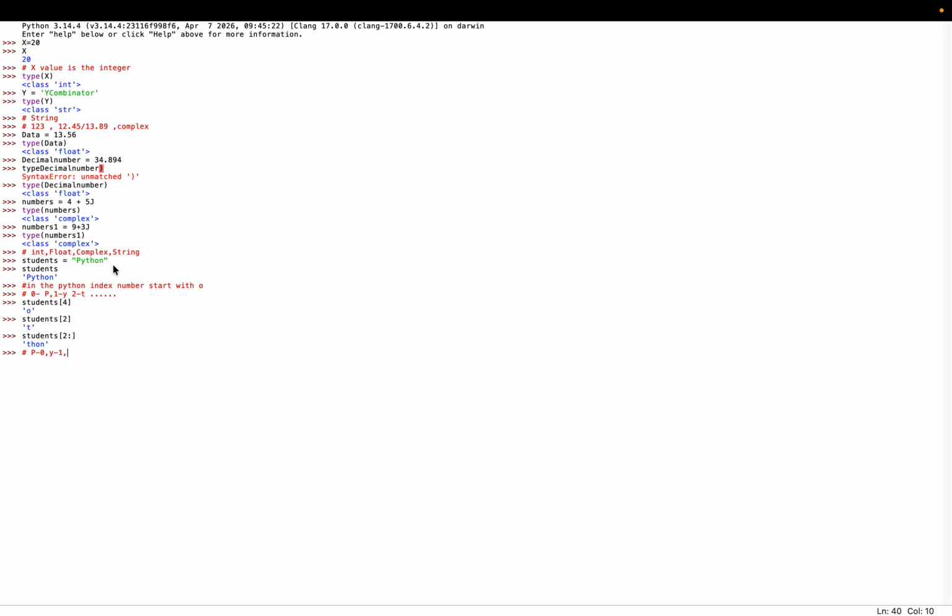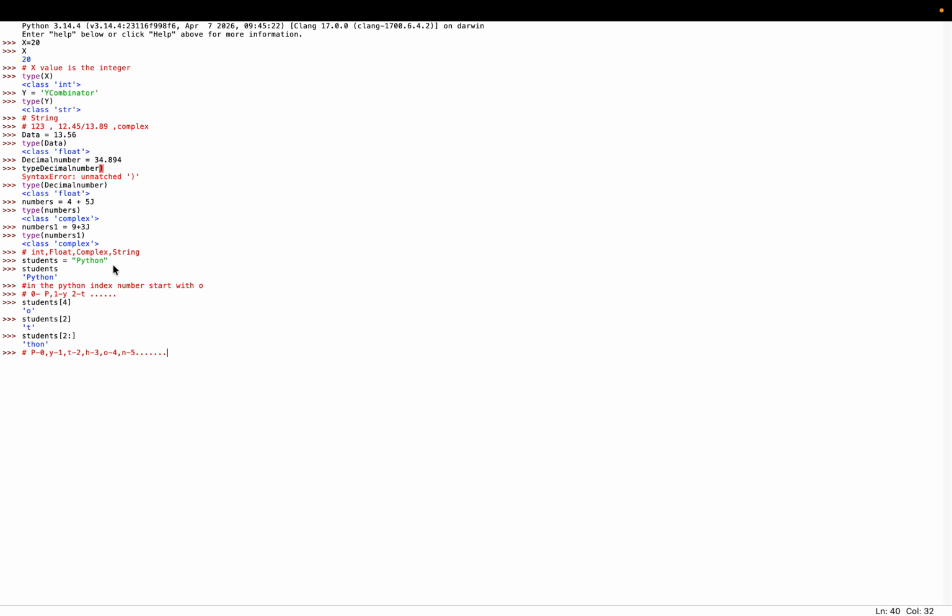Then next T for what? 2 number. And H for what? 3 number. Then O for what? 4 number. And N for what? 5th number. And this way the index numbers continue.